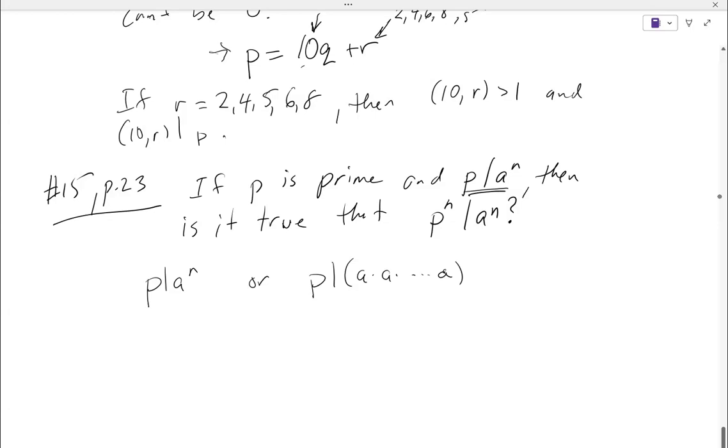You agree with that? By the corollary, what does it say P has to divide? The corollary said if it divides a product, it has to divide one of the factors. So what does it say P has to divide?